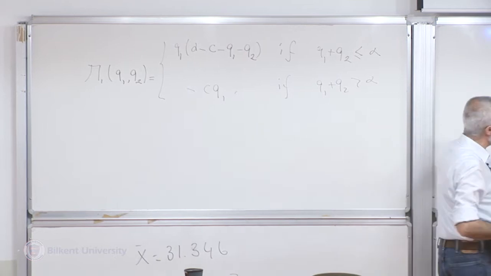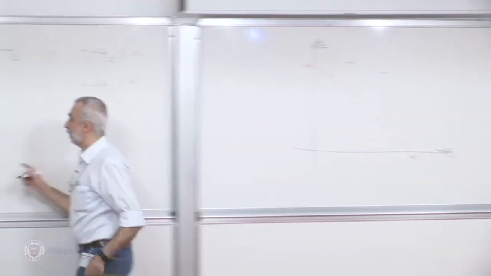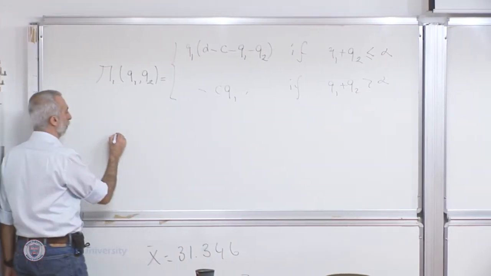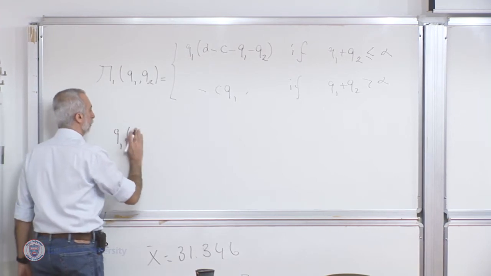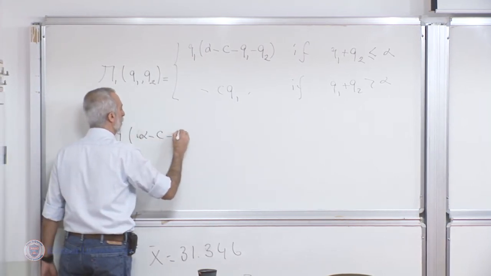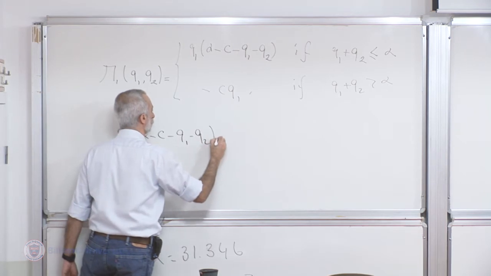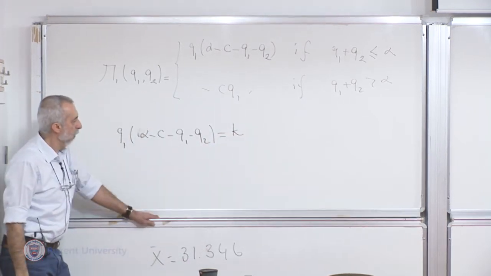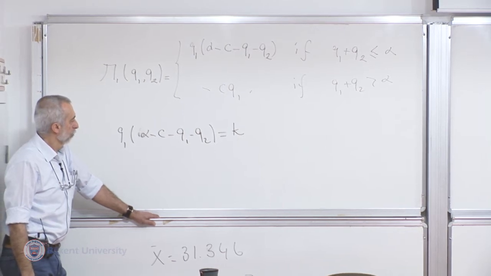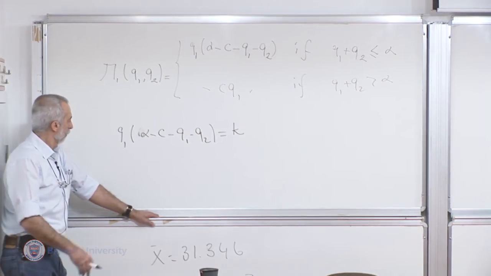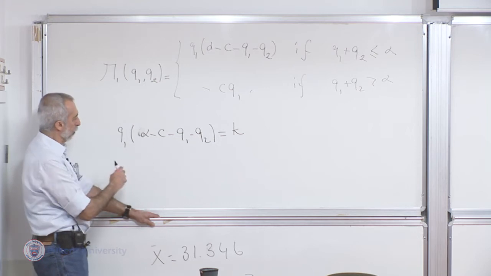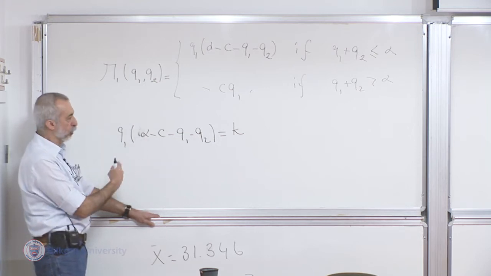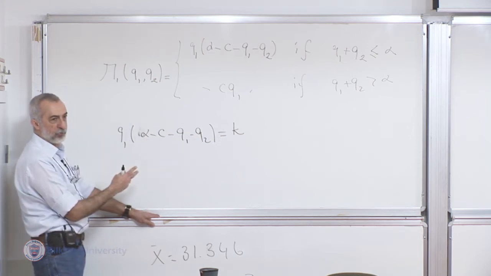So now we were concentrating on this part. There we had, on that region, Q1 times (alpha minus C minus Q1 minus Q2), and we set it equal to some number K. Last time, to simplify things, I divided both sides by Q1 and assumed Q1 was different than 0.